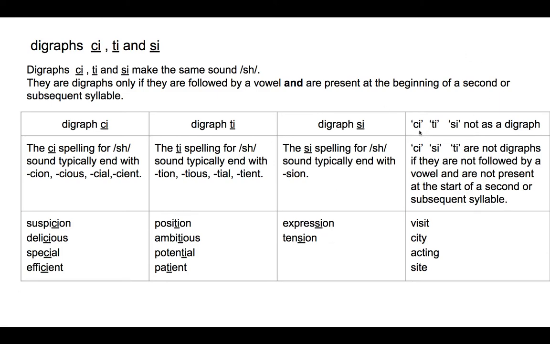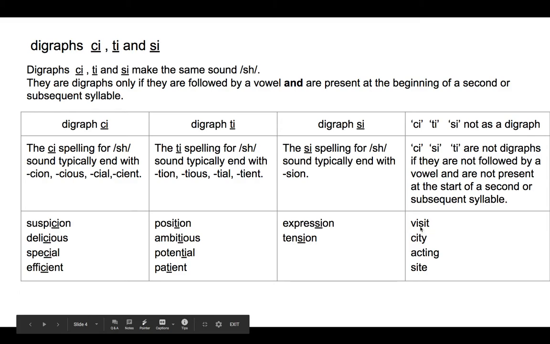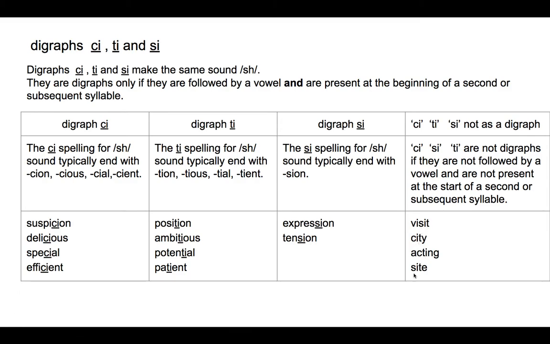Let us see the scenario when CI, TI and SI are not digraphs. So these are not digraphs if they are not followed by a vowel and are not present at the start of a second or subsequent syllable. For example, take these words. Here you could see we have SI, CI, TI, SI, but it doesn't sound like the sound sh.